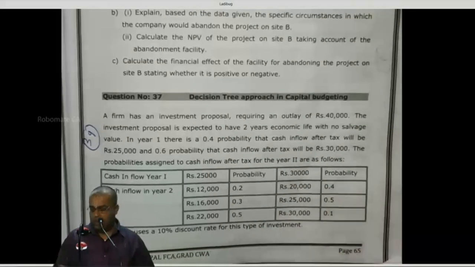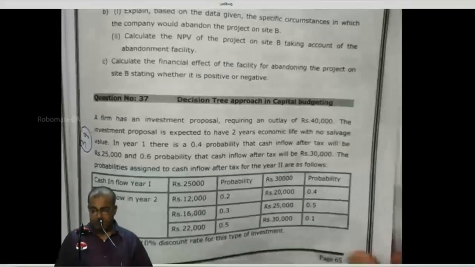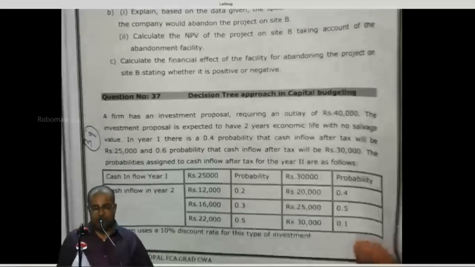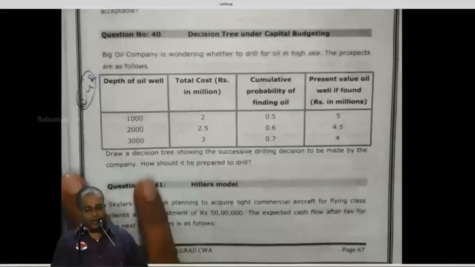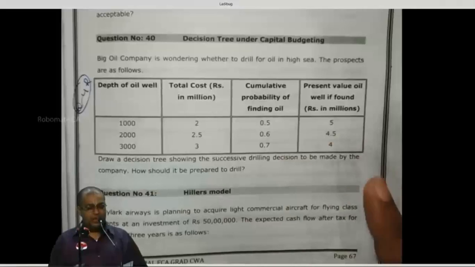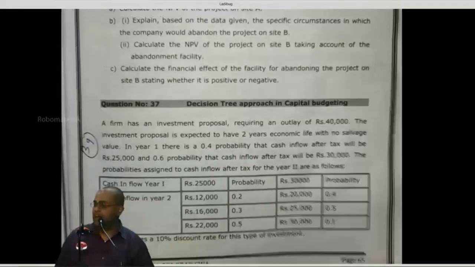What the probability? 0.4, 0.5 and 0.1. Now, the discount rate to be used is 10% for this investment. They have required you to prepare a decision tree showing the possible outcomes and then calculate the expected NPV and other issues. Can I proceed or not?